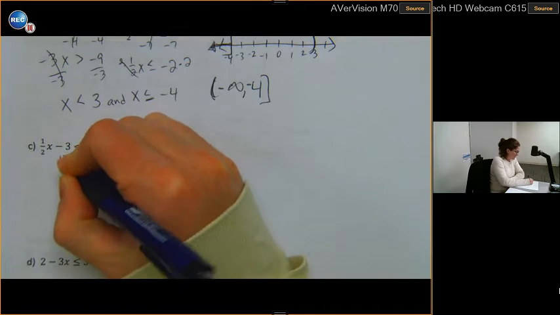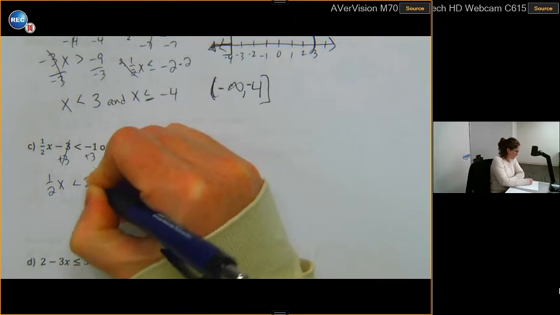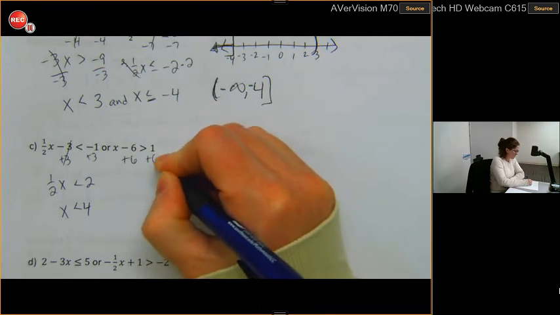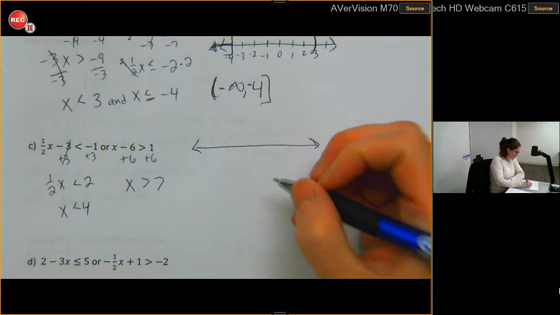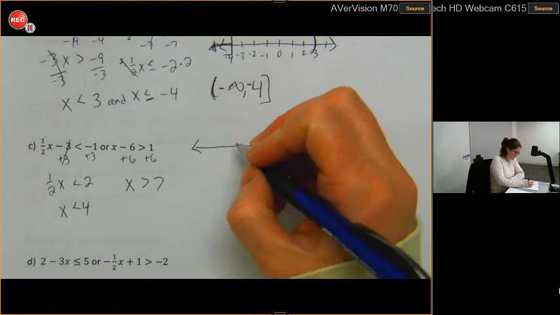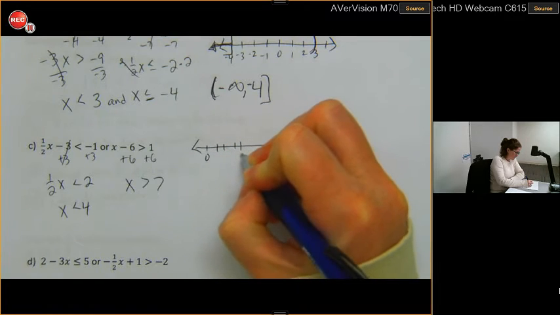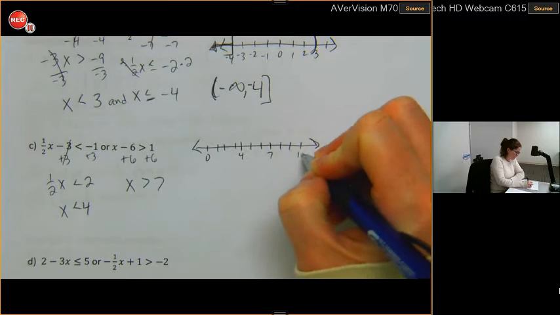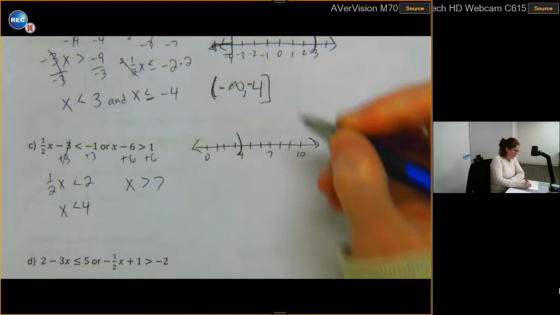Part C. When I graph my answers, less than 4 is a parenthesis on the 4 going left.